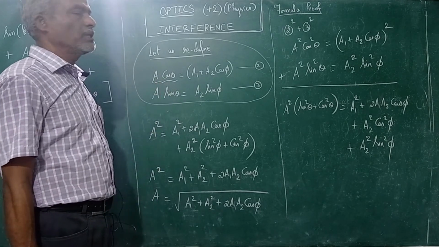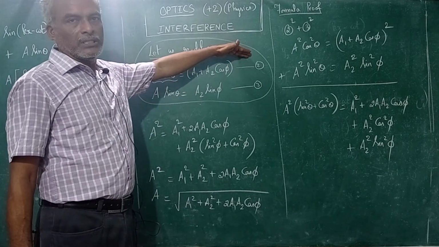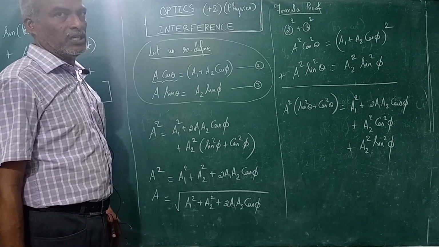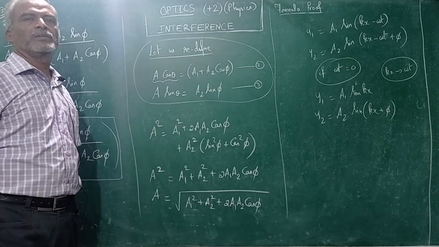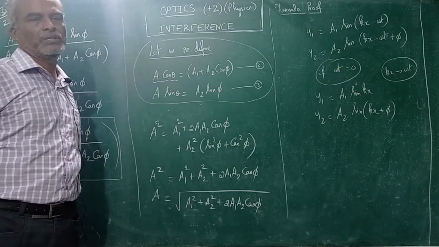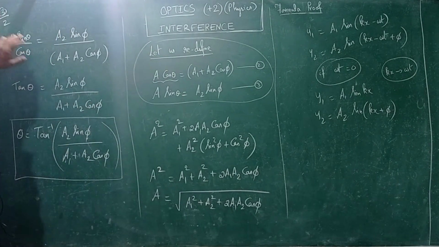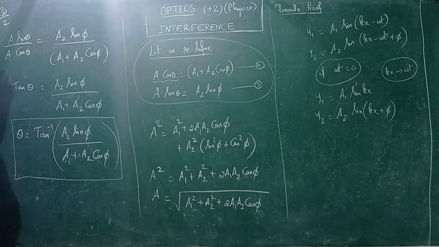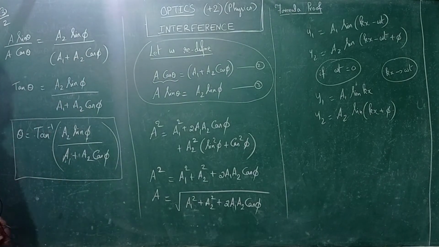Next we have to prove the tan theta. So we have the third equation and the second equation. Third equation divided by second equation will give you the tan theta formula. Now we are interested in finding the angle theta. Third equation is a sin theta, divided by a cos theta, which is a2 sin phi divided by a1 plus a2 cos phi.